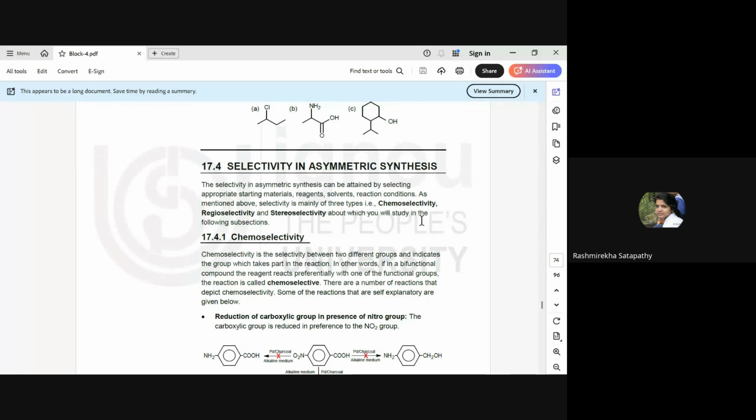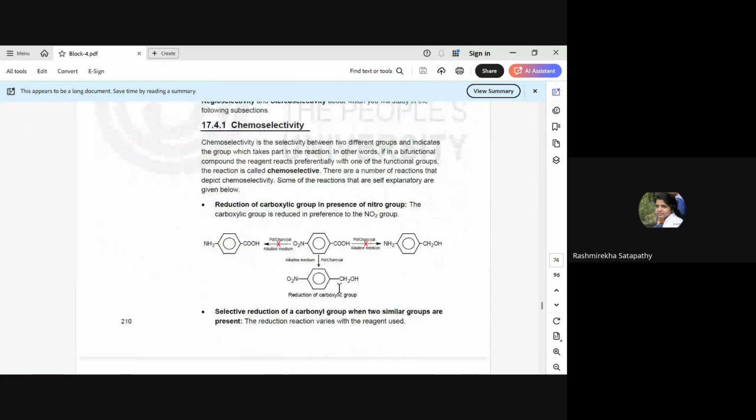What is chemoselectivity? Chemoselectivity is the selectivity between two different groups and indicates the group which takes part in the reaction. In other words, in bifunctional compounds, when the reagent reacts preferentially with one of the functional groups, it is called chemoselective. There are a number of reactions that depict chemoselectivity. Some of the reactions are self-explanatory: reduction of the carboxylic group in the presence of a nitro group.